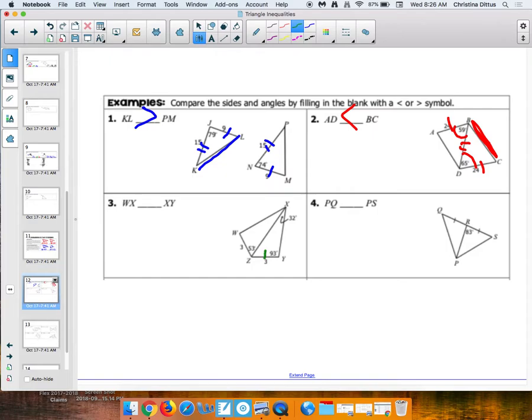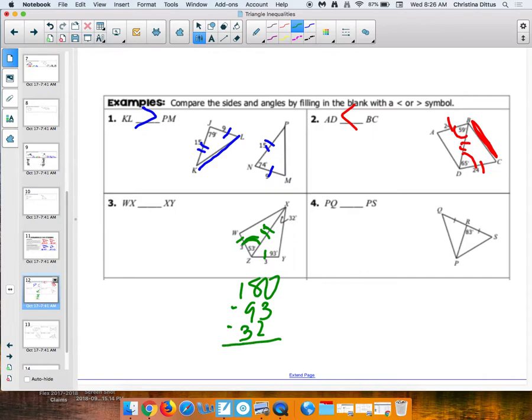This side is 3, 3. They share this side. So the angle is in between the sides. This angle's 53. This angle I don't know. How can I find it? 32 and 93 from 180.